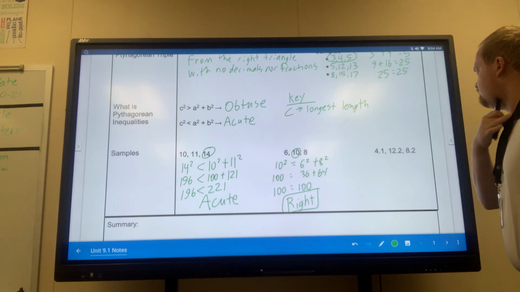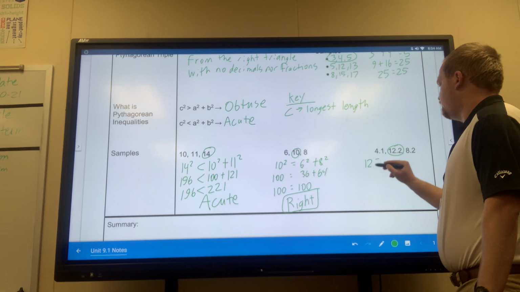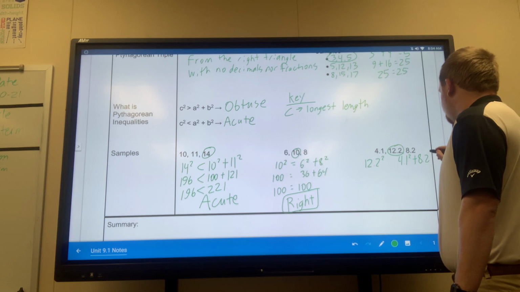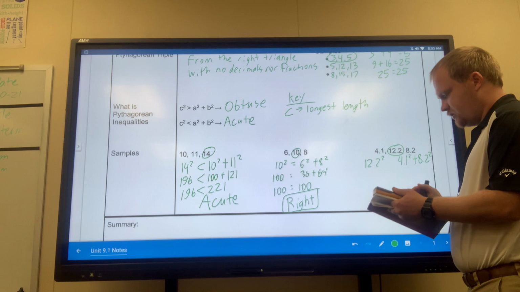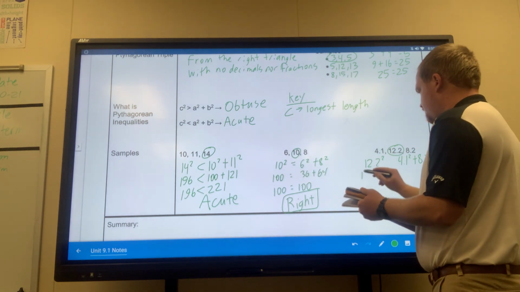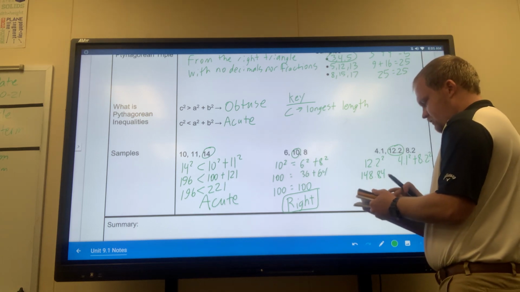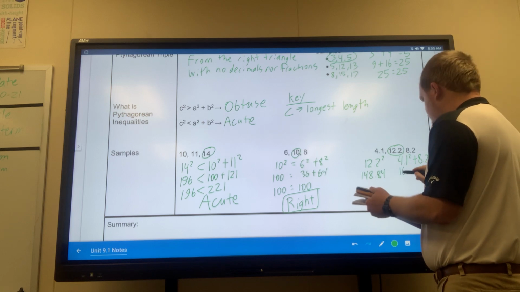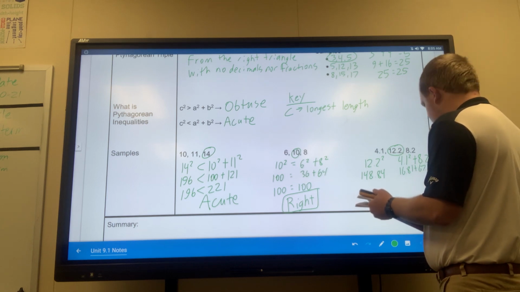Now let's try this one. My biggest number is 12.2, so I'm going to do 12.2 squared, and then 4.1 squared plus 8.2 squared. 12.2 squared is 148.84. 4.1 squared is 16.81, plus 8.2 squared is 67.24.